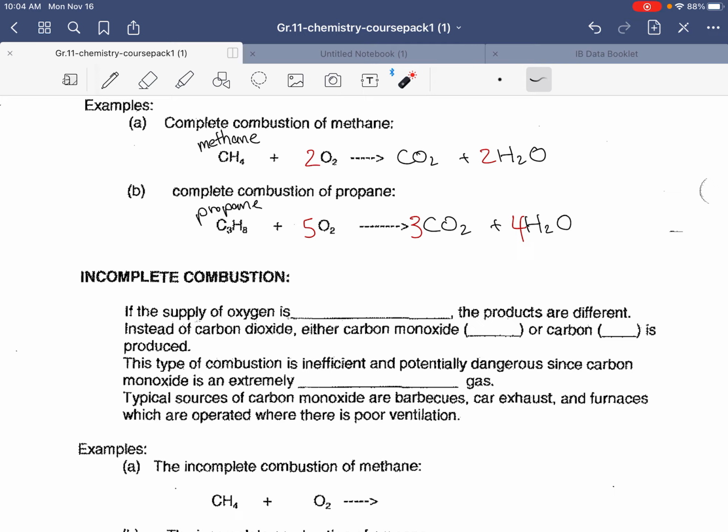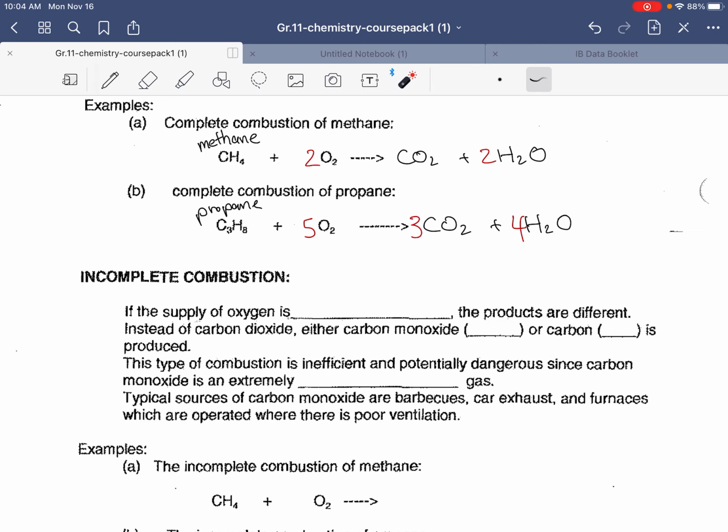That's not a good idea. So those of you who love hot pot, which I do a lot, where you're burning those canister propane, you really should have your windows open.